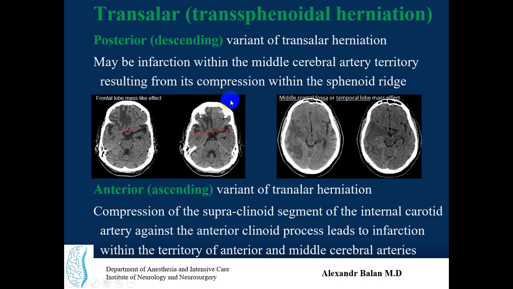Transalar or transsphenoidal herniation has two subtypes, posterior and anterior, and there may be infarction within the middle cerebral artery territory, which results from its compression against the sphenoid ridge. Here we have two images: a frontal lobe mass effect, as you see here, where the image is distorted and the mass is going toward the central part and making compression.